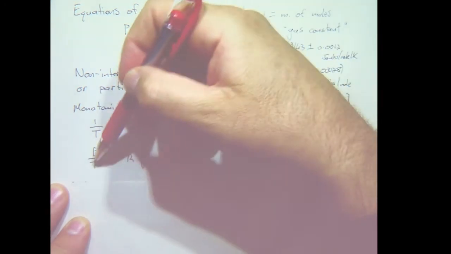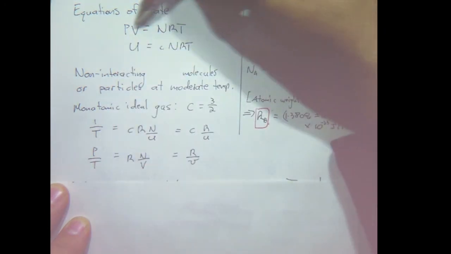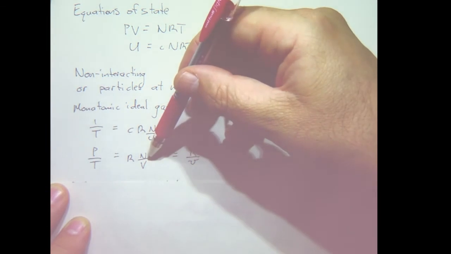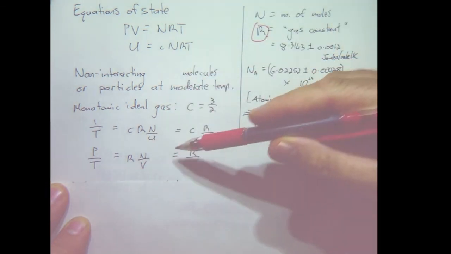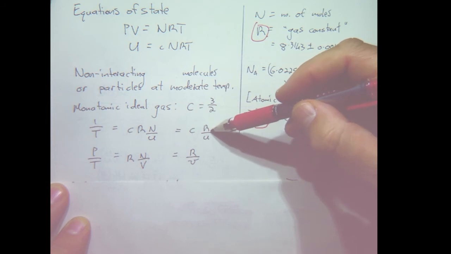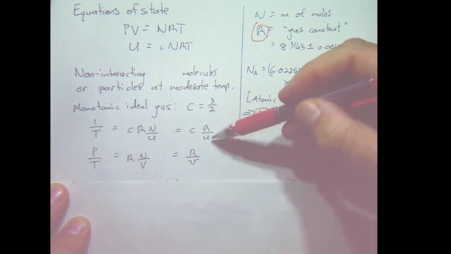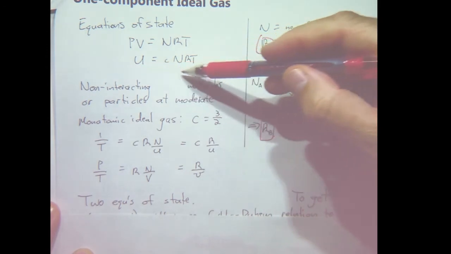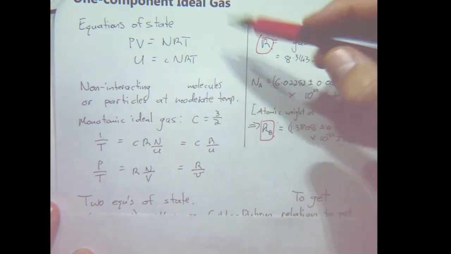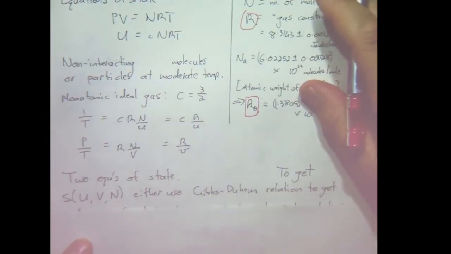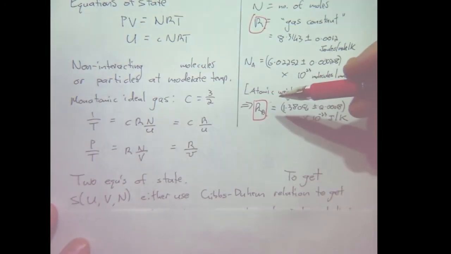And then we need P on T, and this time it's easy, P on T is NR over V. It's easier actually to use the molar variables here. In fact, there's one equation of state that's missing, the one involving the chemical potential.